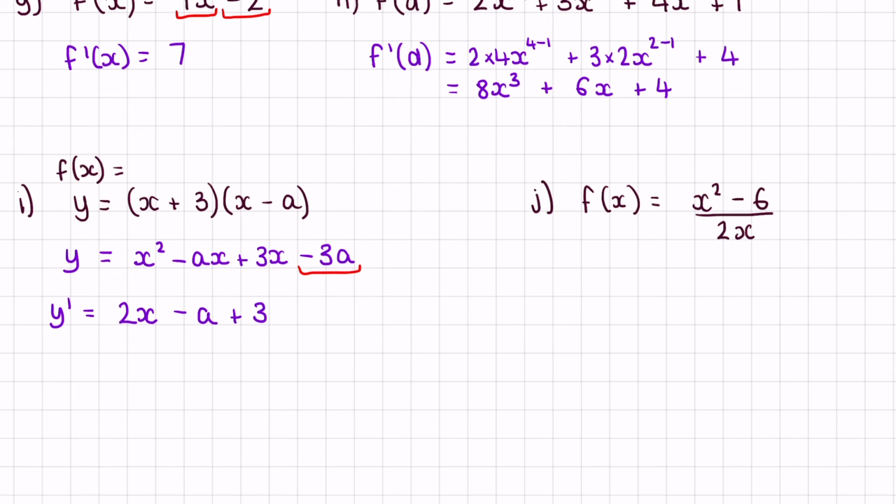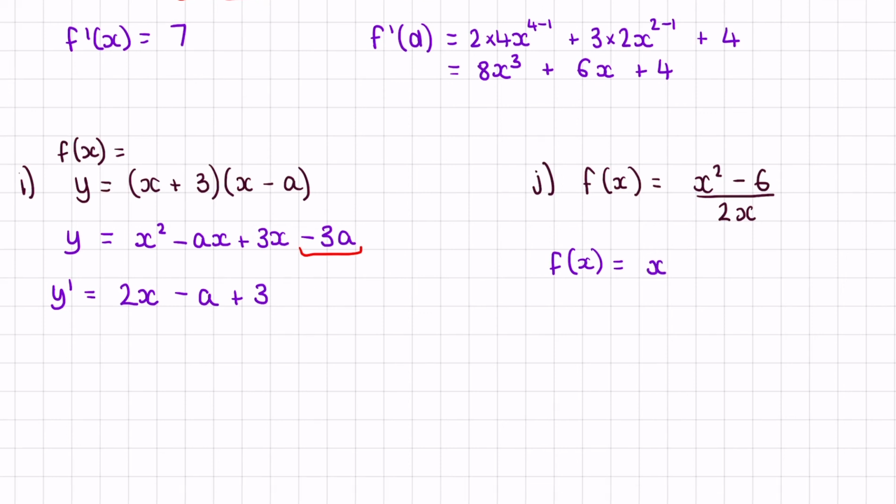Then the last one, f of x equals x squared minus 6 over 2x. Once again with this, we have to rearrange this first because we do not like fractions. First step would be actually to separate it into 2 fractions. Make that subtraction into 2 fractions rather than one combined.